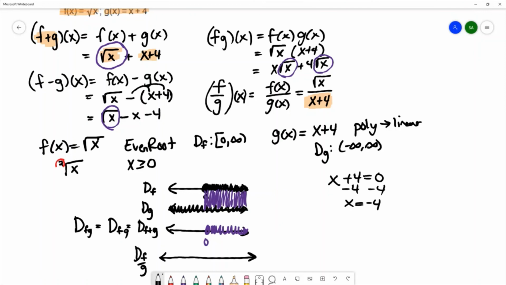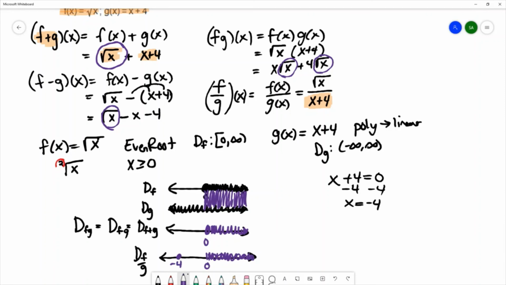However, if I look at the numbers we're using, we only said from 0 to infinity, and -4 is way over here.